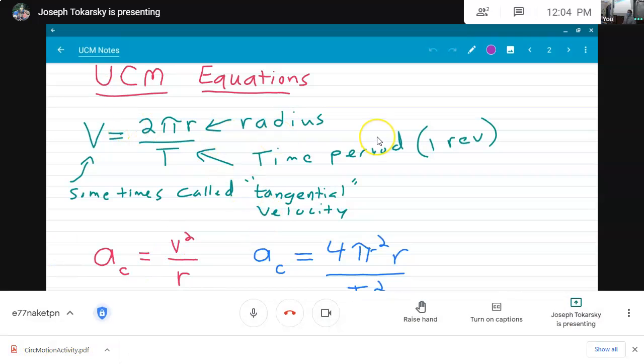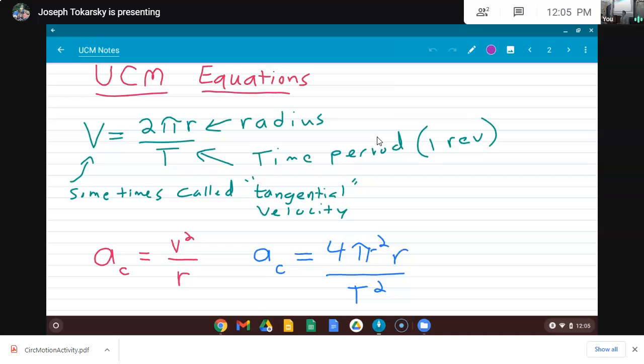So real early in the year, the first equation we learned, most of you already heard of or knew, was the formula for constant speed just in a straight line. Anytime we had something moving at constant speed in a straight line, what old formula did we use, guys?